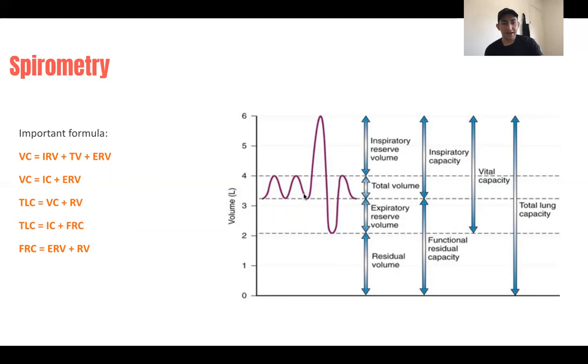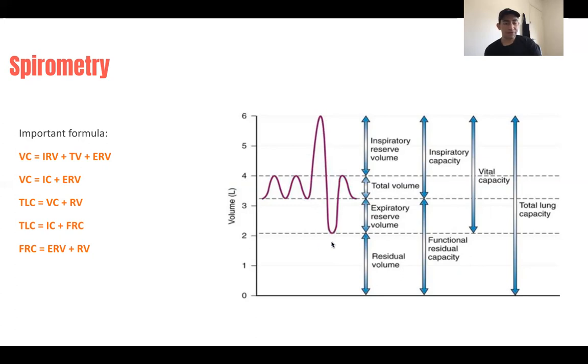If you then take a huge breath in, this would be your inspiratory capacity, everything from your breath out to your deep breath in. The extra amount of air you could take in would be your inspiratory reserve volume. And then once you exhale that, that would be your expiratory volume. Anything extra, this bit here, is your expiratory reserve volume.